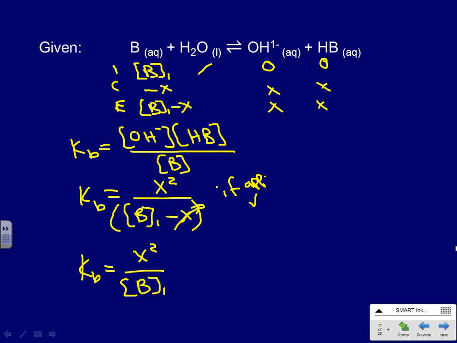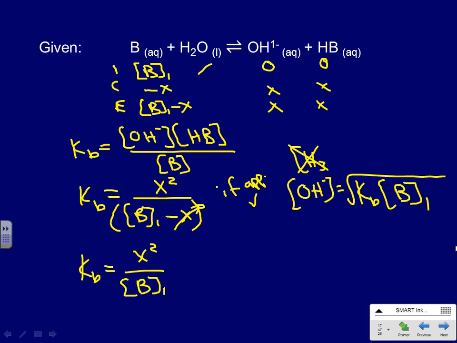Bring that up to the other side, take the square root, and, oops, that's not H3O plus, OH minus is equal to the root of Kb times the initial concentration of B, if the approximation is good. Again, X is the OH concentration. We can then take the negative log, get the pOH, subtract from 14, get the pH, and crash through again.